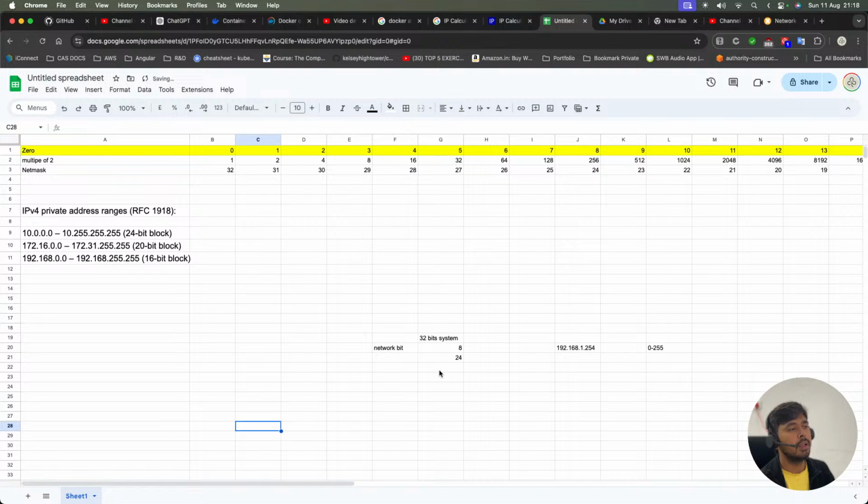And similarly, if we take the network bits as 24, you will have only 8 host bits, 256 hosts, so only 256 IP addresses. But we are living in the internet age, so we cannot have only 256 IP addresses. That's why network IPs are more and host IP addresses are less.